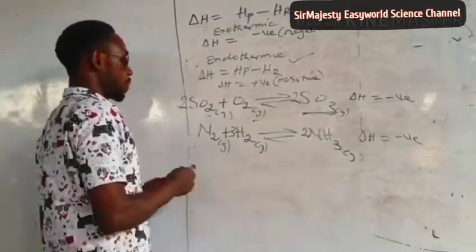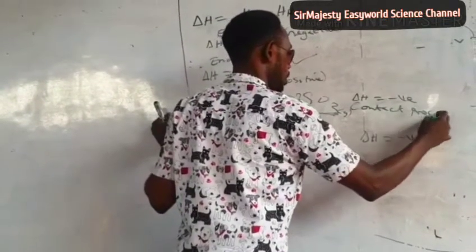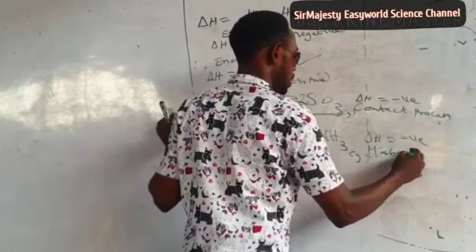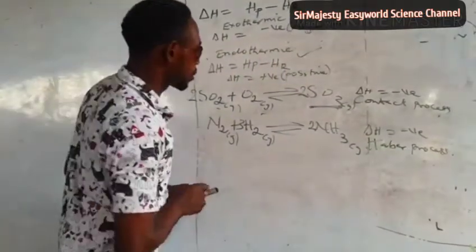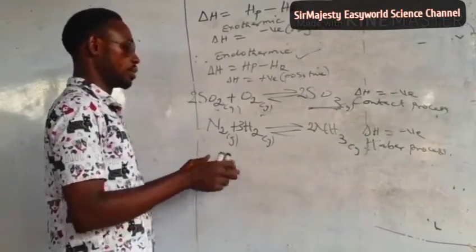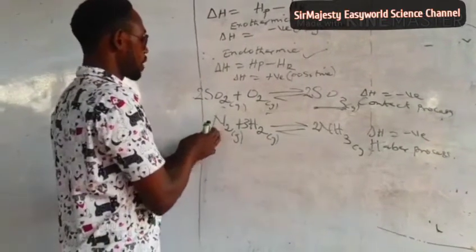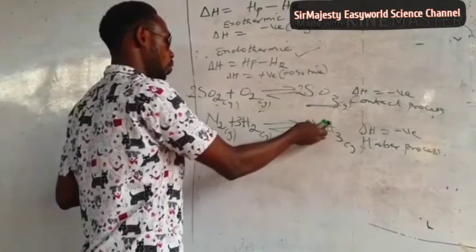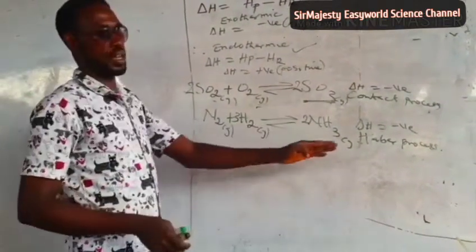Now, in the Haber process, remember this is the contact process, and here is the Haber process. According to Le Chatelier, that's his theory in 1888, Henry Louis Le Chatelier, he's trying to tell us that when the rate at which nitrogen and hydrogen combine to give you ammonia is equal to the rate at which ammonia breaks down to give you nitrogen and hydrogen, you say they are at equilibrium.